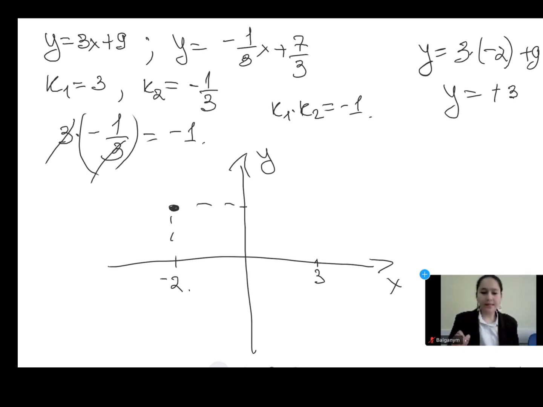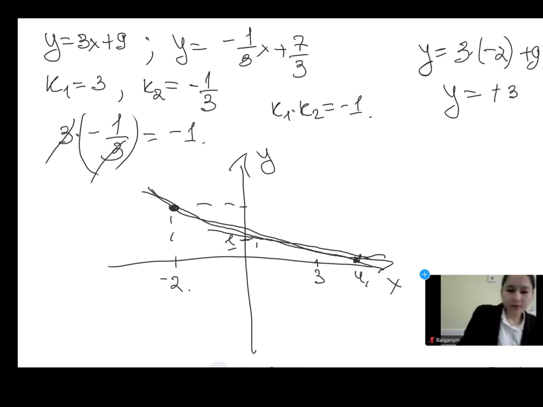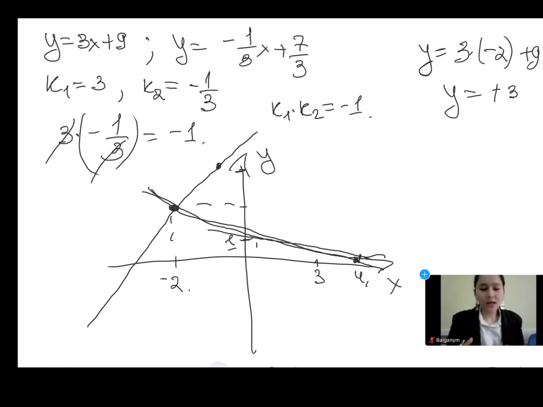Here will be a point, and then here will be one point. It's the first. And now we can draw like this. It's a line, but okay, that's okay. And here we can write one point. It will be a perpendicular function, and this function is equal to minus 1 over 3 x plus 7 divided by 3.